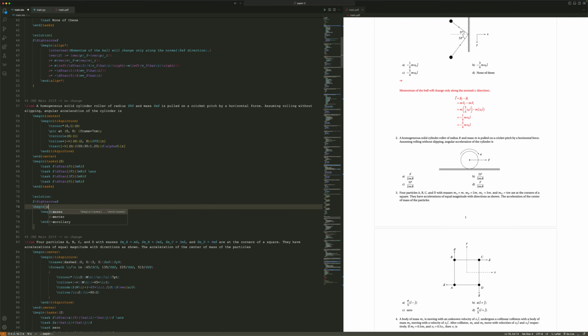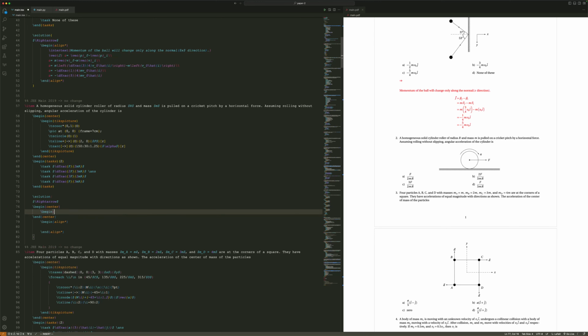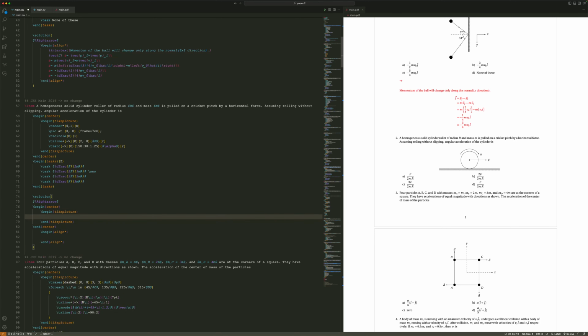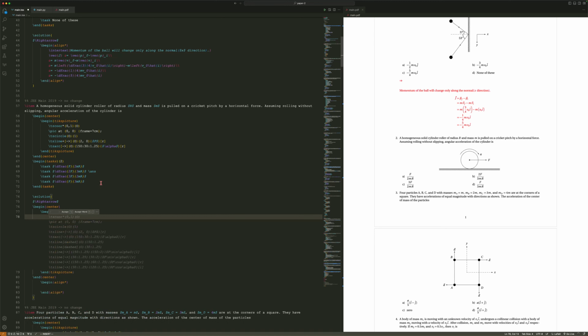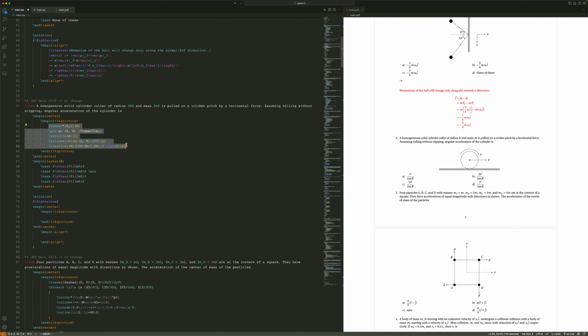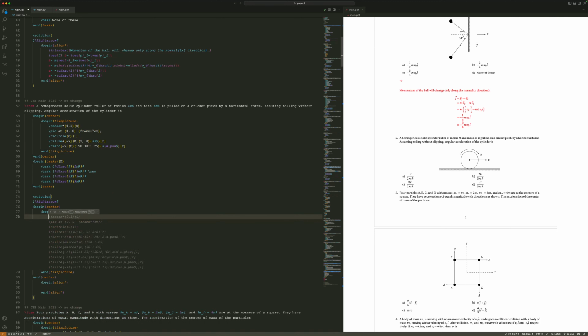So let's say begin center, and within center we have to insert the text picture, and within that... Let's copy this diagram, and we can add extra whenever we require.